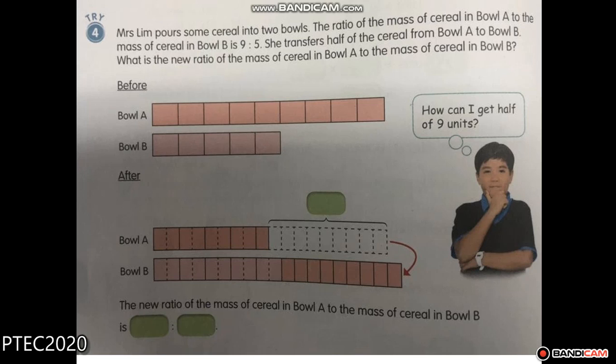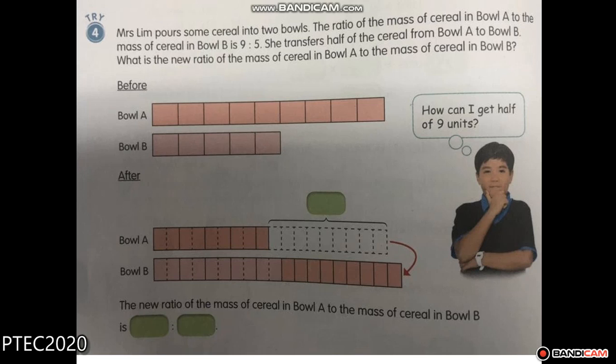For example, if you have 2 times 9, which is 18 units of the cereal in bowl A, there should be 2 times the cereal in bowl B as well. So 2 times 5, that will be 10.